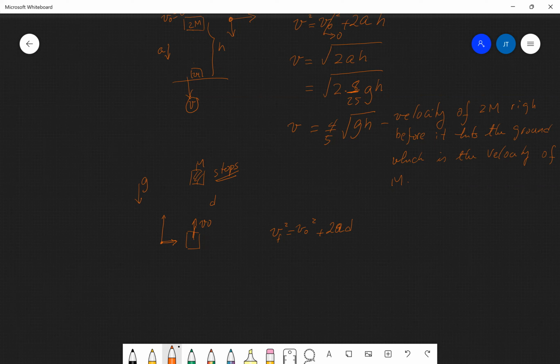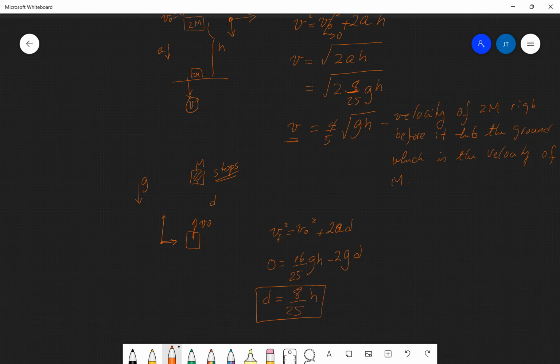Because g is pointing down and my positive sense is up. So v final squared is 0. v0 squared, which is this one right here, is going to be 16 over 25 gh minus 2gd. So g cancels out, obviously. Let's move things over. So we're going to have d equals 8 over 25 h.